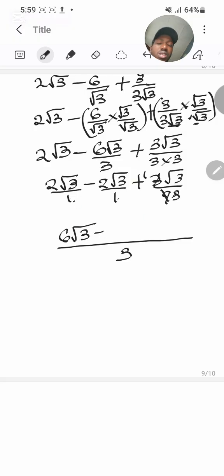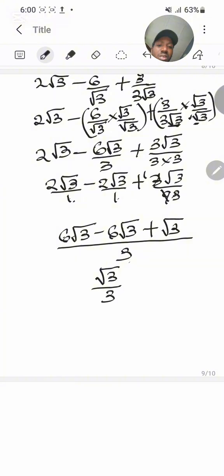Minus 1 and 3 again is 3, 3 times this is going to give us 6 root 3. Plus, then this as well, 3 and 3 is 1, it's going to give us root 3. So we can easily just say 6 root 3 minus 6 root 3, that's 0. 0 plus root 3 is equal to root 3 over 3.